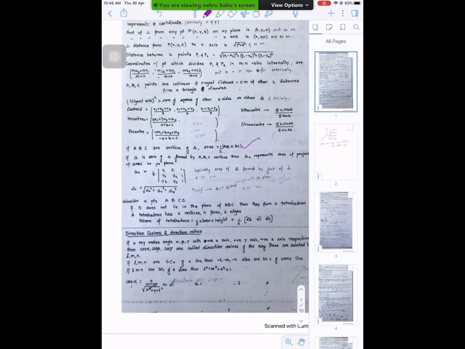And if you want to find the projection of the triangle in the planes, in the YZ plane, delta X equals delta cos alpha, which is half into the determinant of Y1 Z1 1, Y2 Z2 1, Y3 Z3 1. With the help of this we'll take it.